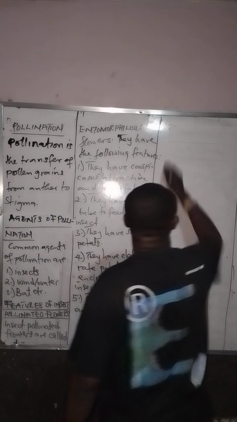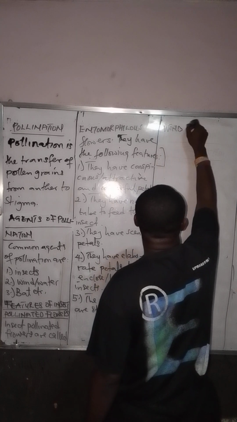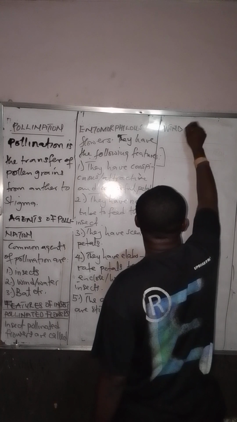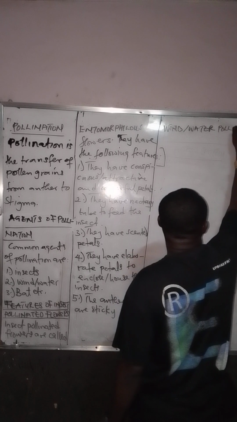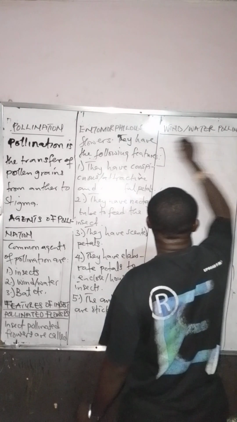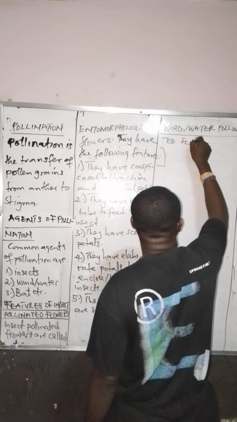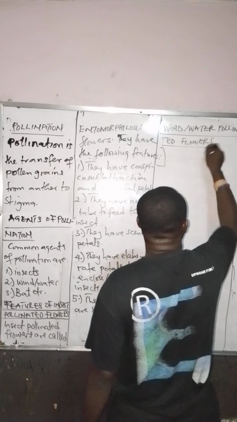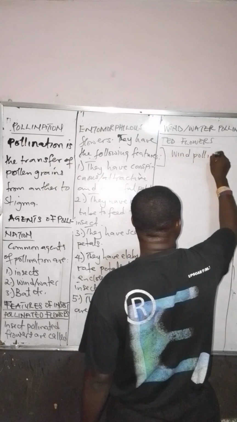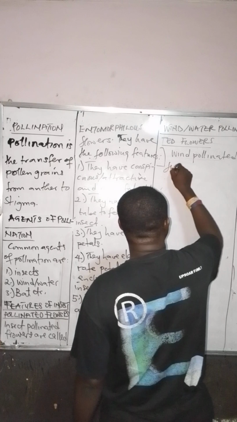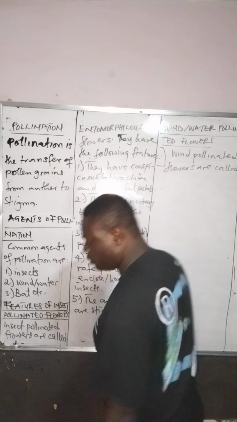Then what about wind pollinated, wind or water pollinated flowers? Now, wind pollinated flowers are called what? Anemophilous.